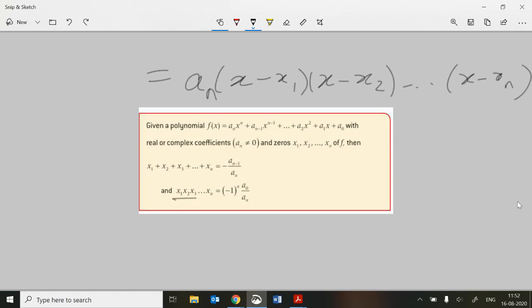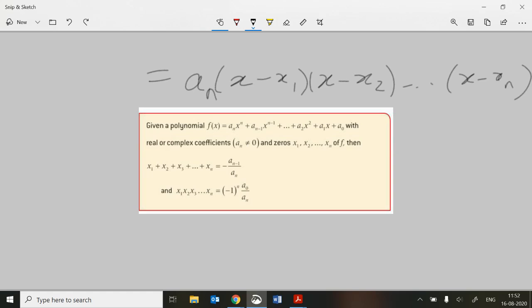And the product of all of these roots is going to give an alternating -1 or 1, depending on the degree of the polynomial which we have, and then it's going to be the last term divided by the first term coefficient. Now we should try and prove these.